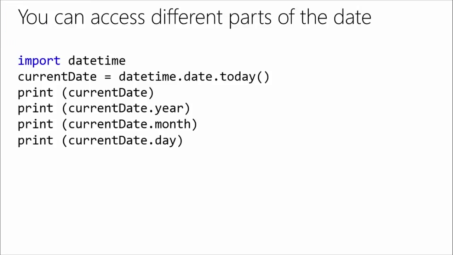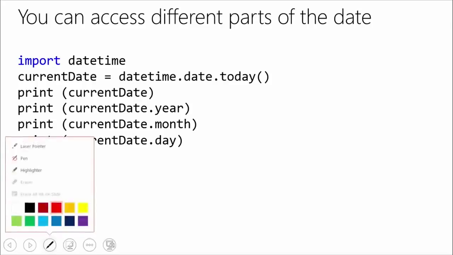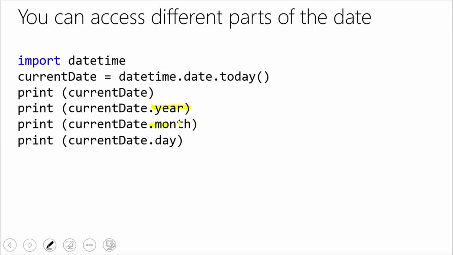Now, one of the biggest things that we're going to be looking to do when we look for a display or when we look to do calculations is to go grab the different components, the different parts of the day. And so you're going to notice that there's a whole set of different properties that are available on a date. Now, I've thrown around this word properties a couple of times. Let me go ahead and define this real quick.